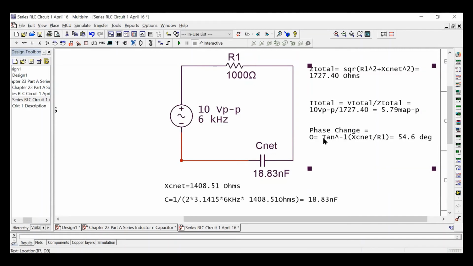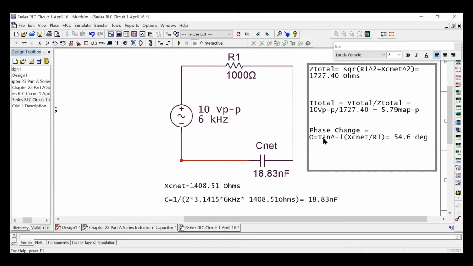Did I lose anybody on this? What's important, like I said, is this 5.79 milliamps. So this means that the circuit is capacitive and it's lagging behind by 54.6 degrees. It's not too bad.